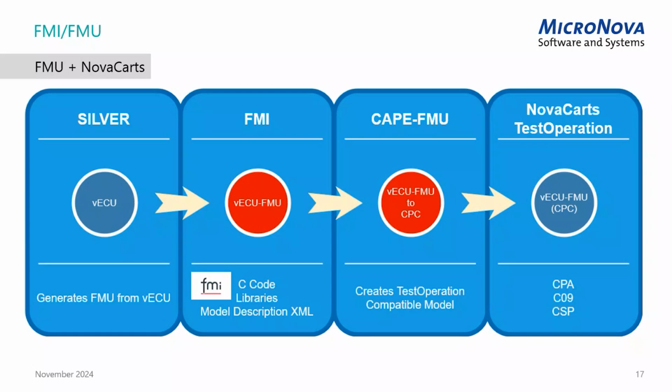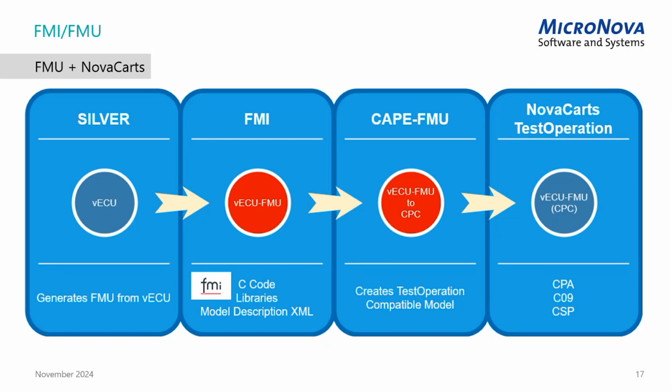And here is an example of how simple you can do it. If you have Silver software, there you have a virtual ECU, for example, the one I have shown you. From this virtual ECU, we can create an FMU with the help of FMI, and then this FMU of the virtual ECU model will contain the C code, libraries, and model description XML as a basic.